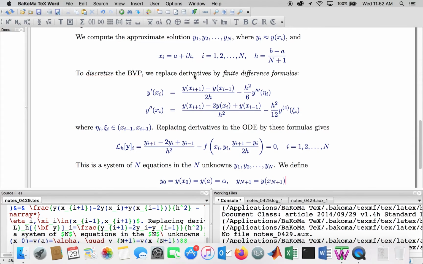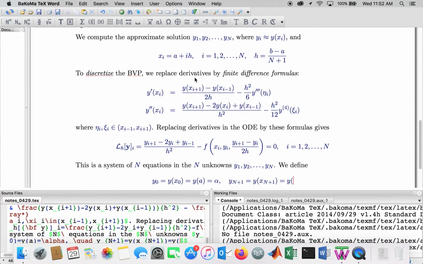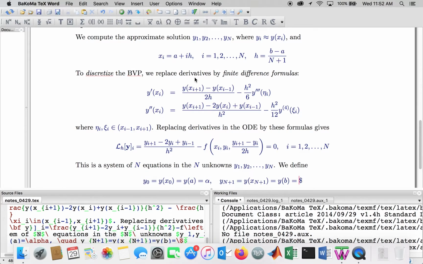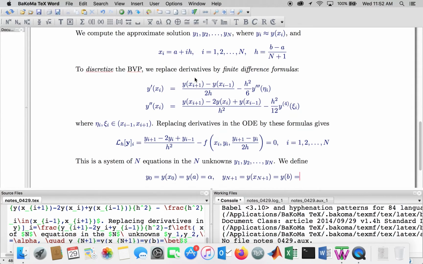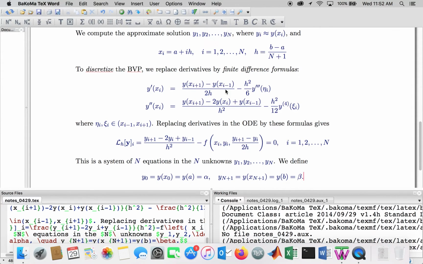If I fill in i equal to n plus 1 here, I would just get b. So that's y of b, and we know what that is: that is beta. So when i is equal to 1 or n, we need to include the boundary values in these equations. But those are known, so that's not a problem.